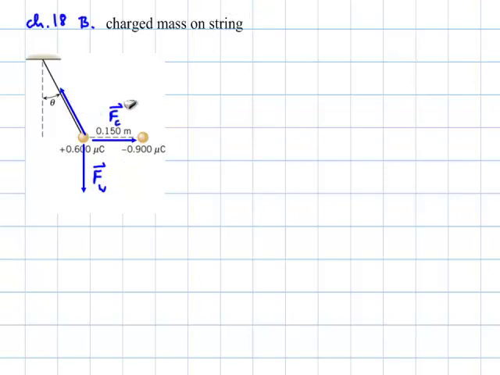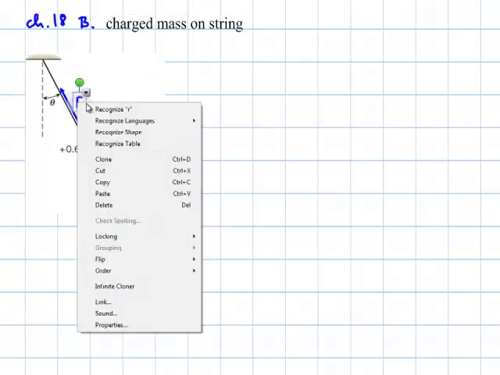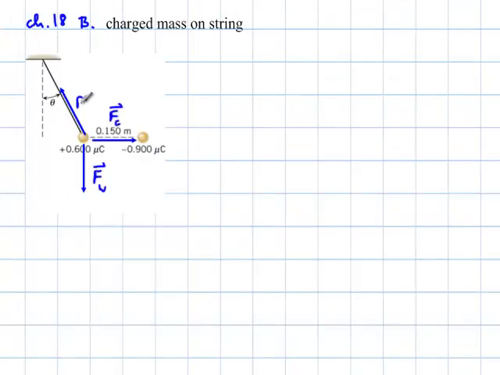Actually, I would like to write an Ft. I just noticed I do prefer to write a force as a capital F and then put indices underneath. Okay, so tension, Coulomb force, and the weight.